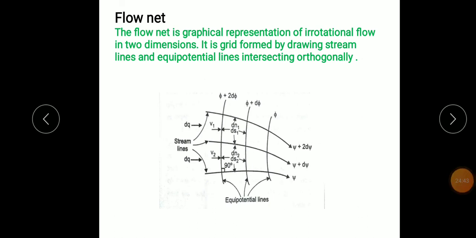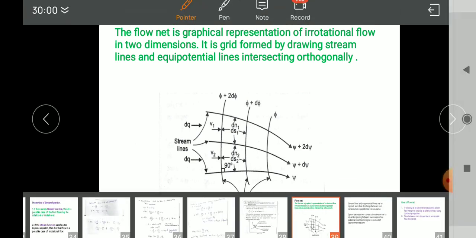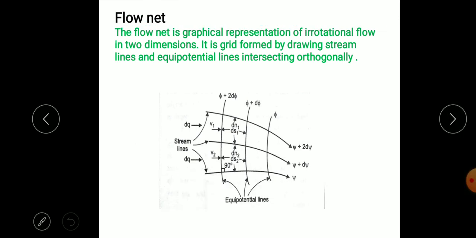So the next topic is the flow net. A flow net is a graphical representation of irrotational flow in two dimensions. It is a grid formed by drawing streamlines and equipotential lines intersecting orthogonally. So already we considered that this is an equipotential line and this is a streamline, and they are orthogonal to each other.